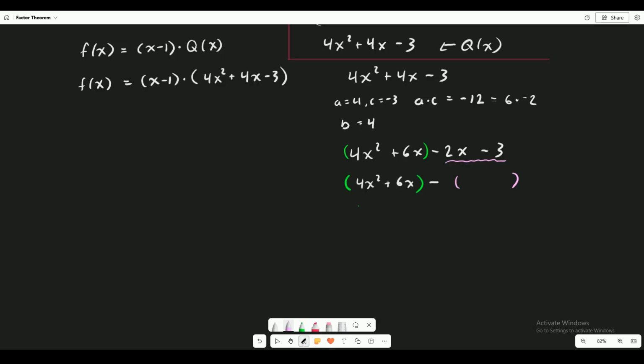Well, I extracted a negative, which means that the inside is actually 2x plus 3. If you distribute the negative back, you get minus 2x minus 3. Be very careful when you have a minus in the middle. The positive won't change anything, but the minuses do.